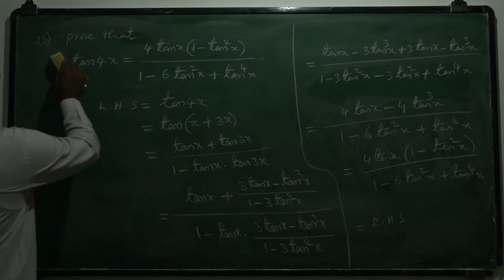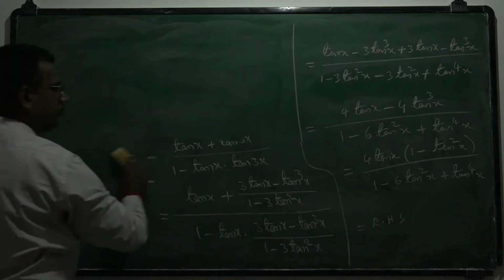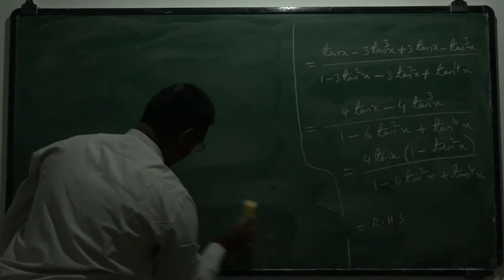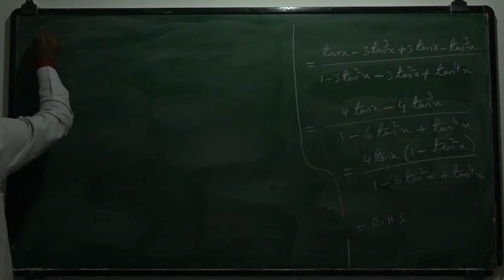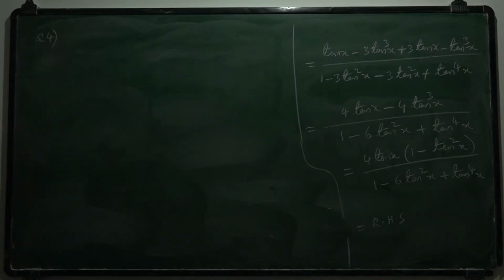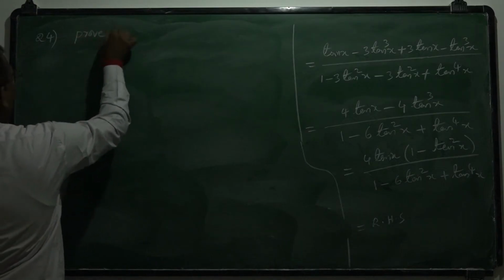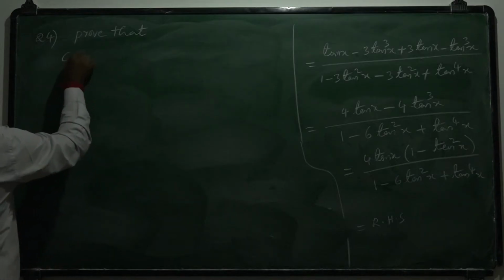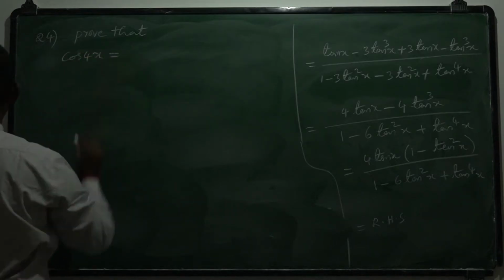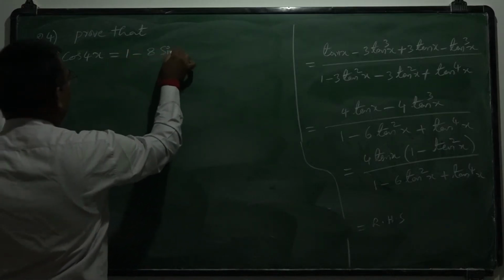Problem number 24. Prove that cos 4x is equal to 1 minus 8 sin square x into cos square x.